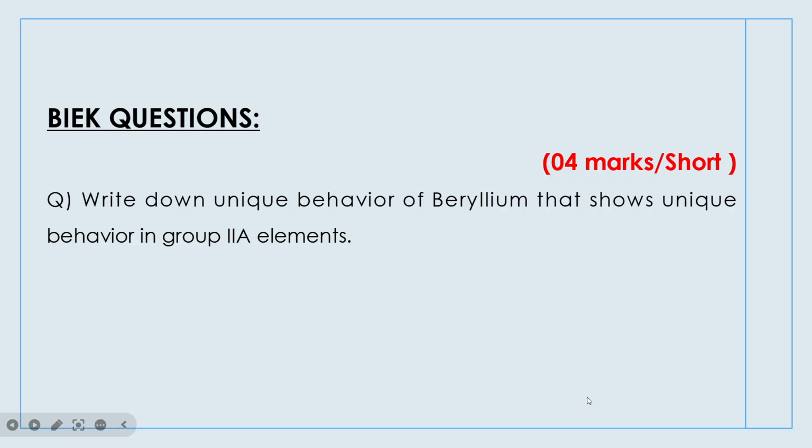So writing all 4 properties, you will get full marks in your board examination, and all this unique behavior of beryllium is due to its small atomic radius and highest electronegativity. So if you simply have the picture of the beryllium atom in your mind, you will be able to connect the dots and write the answer.